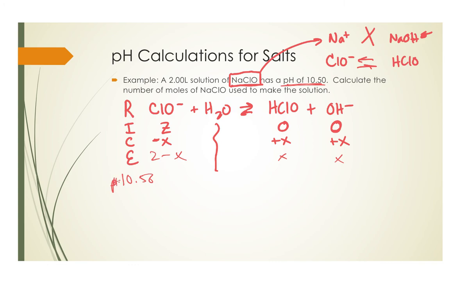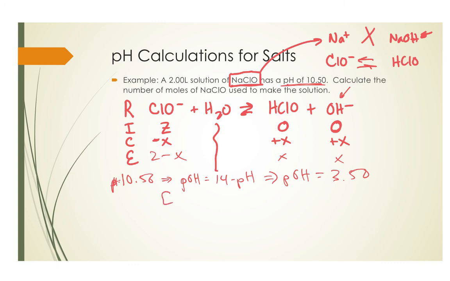knowing that that is 10.50. But we're dealing with OH here, so we're going to translate that to pOH. So pOH equals 14 minus pH, which means my pOH is going to equal 3.50.